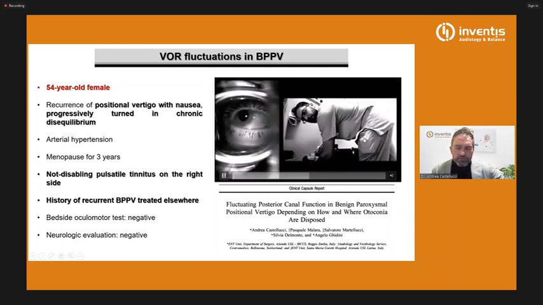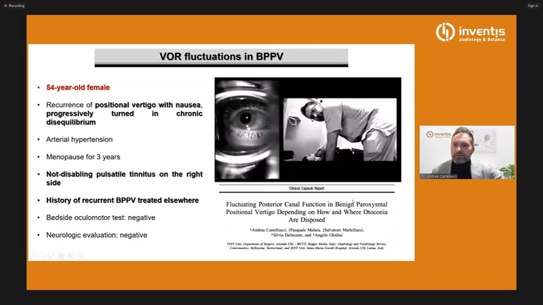nothing. She didn't have a spontaneous nystagmus, but she had a typical positional downbeat nystagmus. You can see here a typical positional downbeat nystagmus with tiny left torsional components. It's persistent. You can see here that there is no crescendo-decrescendo pattern. There is just a persistent downbeat nystagmus.